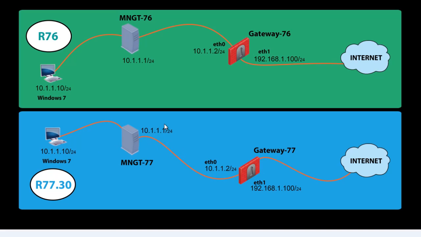One other way we could have done this, we could have exported our configuration from this management server. Let's say we didn't have the blue topology. We could have exported our configuration from this management server, saved it to our desktop, then come in here and upgraded this management server from R76 to R7730, and then brought our configuration back into the new management server.